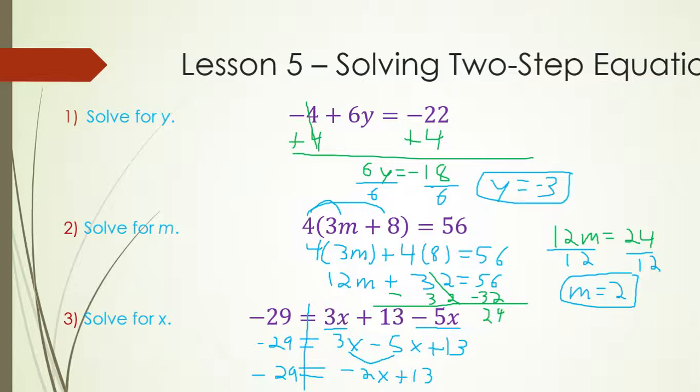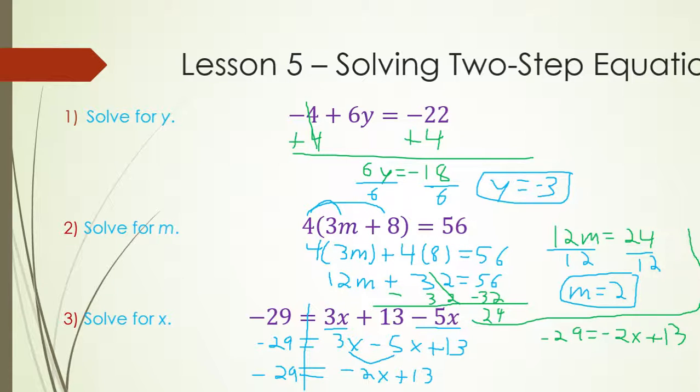Okay, now since we're running out of space, we're going to rewrite this a little bit over to the side. So we're going to say negative 29 equals negative 2x plus 13. Okay, so I just rewrote it.